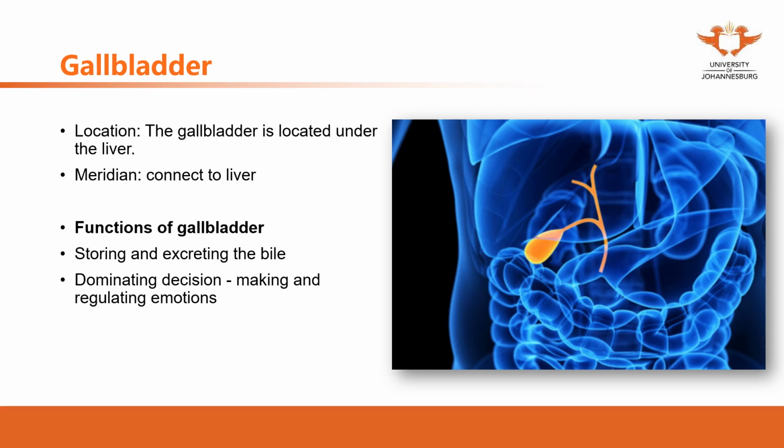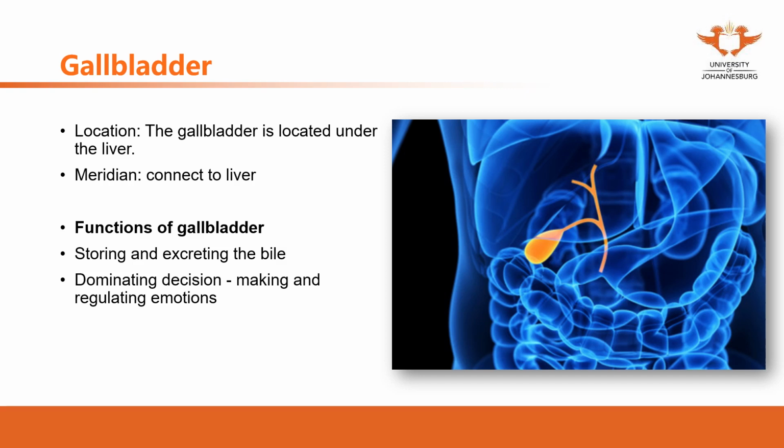But the gallbladder also excretes the bile. So this function is very similar to the Fu function. They receive something, but they transport it to other areas. So the gallbladder receives the liver qi, which is transformed into bile, and then excretes it to other areas. This function is similar to the Fu organs.